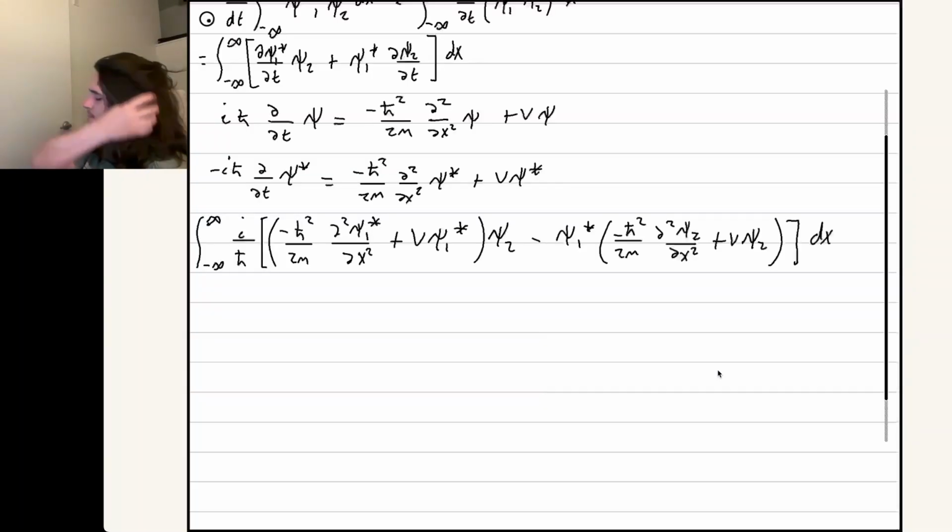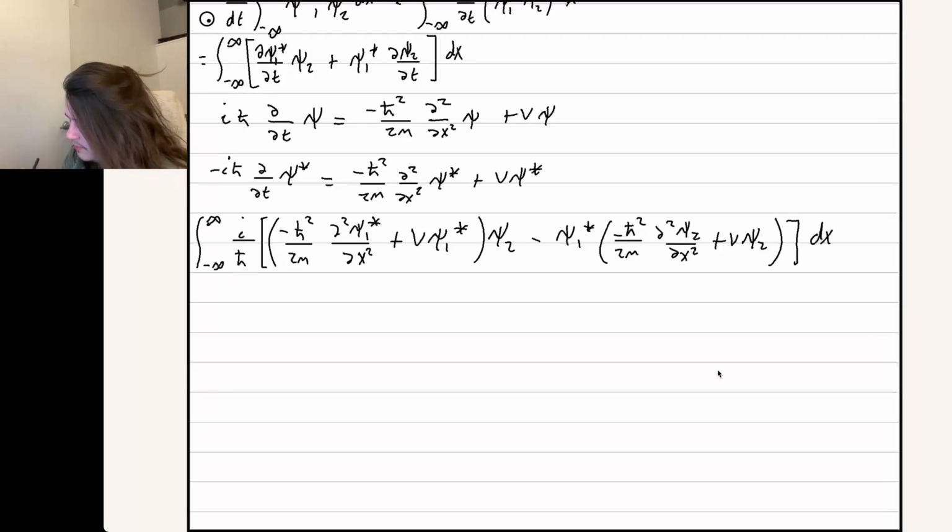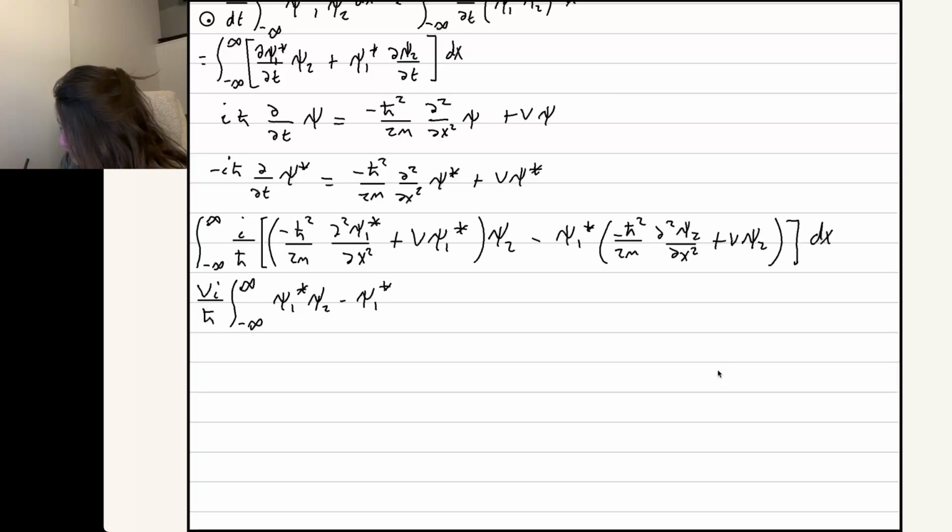First we're going to collect some terms. We'll collect terms that depend on just the v term, with i over h bar. You're going to have the integral of psi 1 star psi 2 minus psi 1 star psi 2, which is 0, so don't even worry about it.